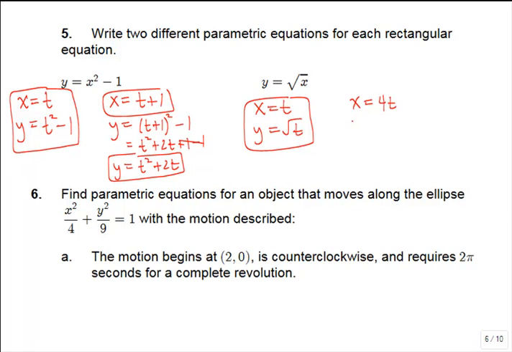I'm going to use 4 because I know I'm going to end up taking the square root. So I'm going to substitute in 4t right where that x is. And because it's a nice perfect square, it reduces to 2 square root of t. So you could have these two sets of parametric equations. Okay?